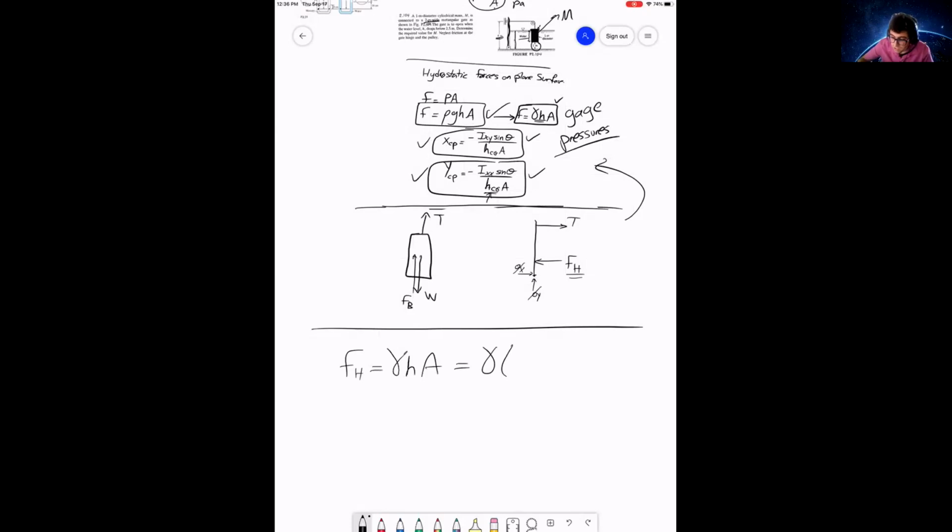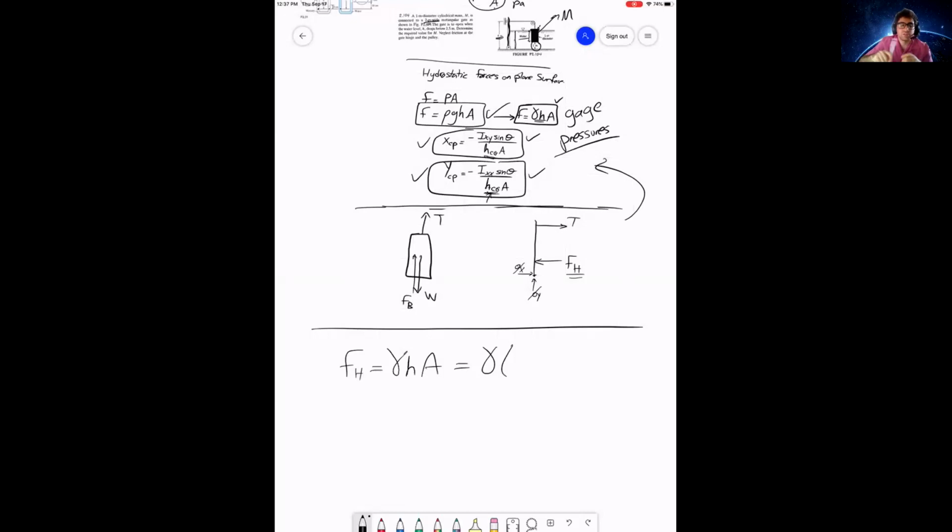No, so for this H, remember I wrote right here, it's HCG. What is HCG in these two formulas? The height of the center of gravity. Yes, the height of the center of gravity. I know we're calculating the location of center of pressure, but the location of center of pressure depends on the height of the center of gravity.